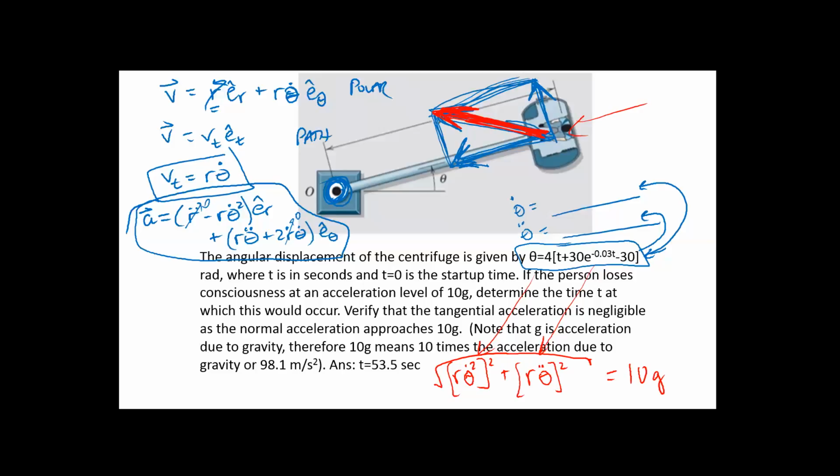Would it be almost in the direction of the tangential, or would it be opposite? It would be almost, because the tangential is negligible. Oh, I was thinking the other way around. No, that's fine.